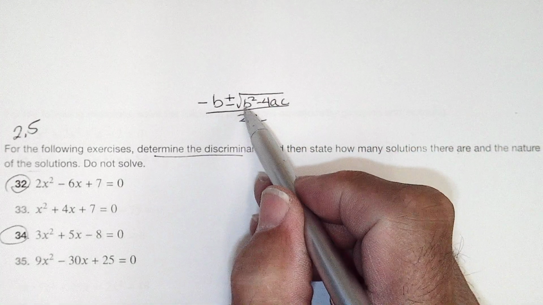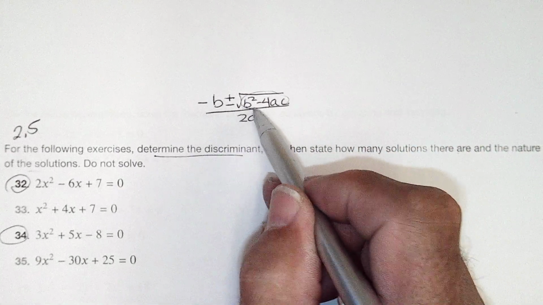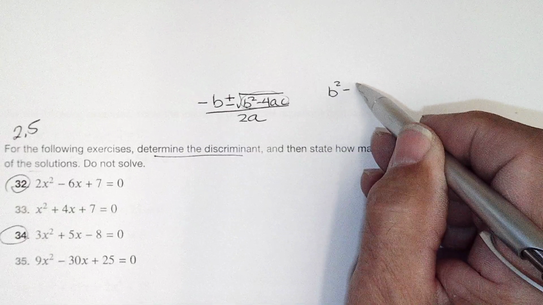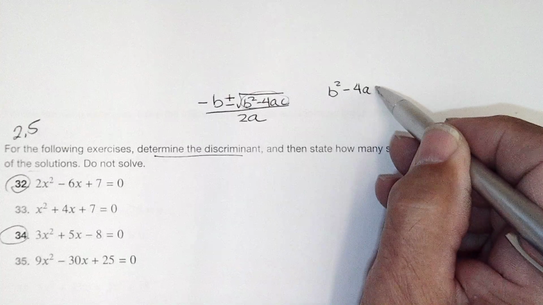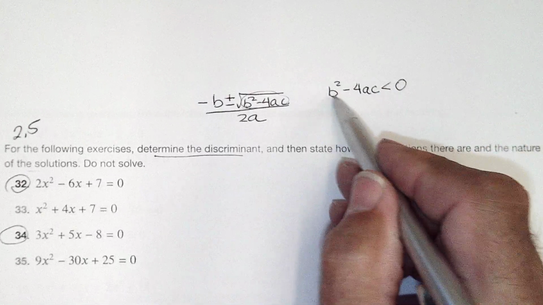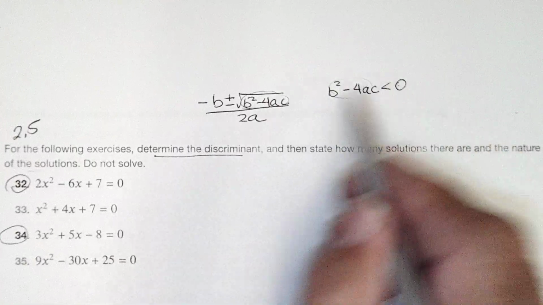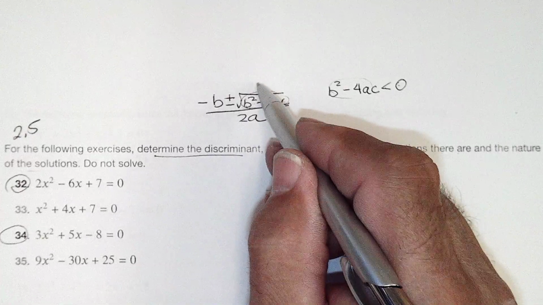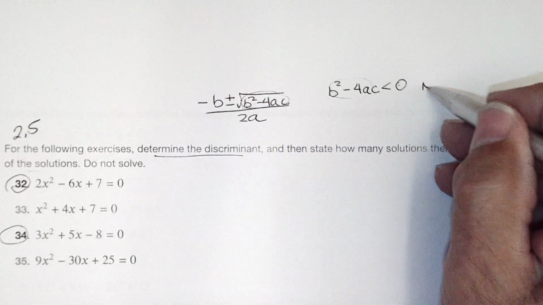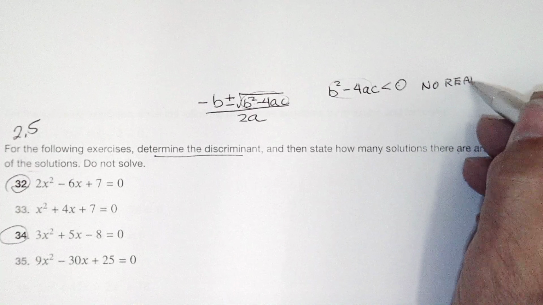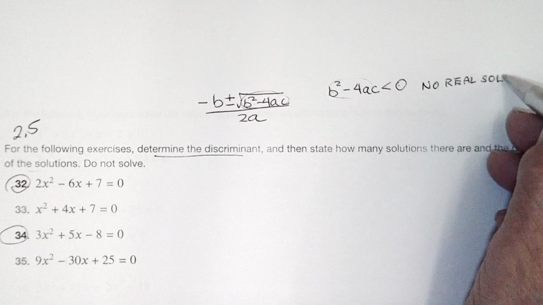Now, if the b squared minus 4ac, which is called the discriminant, is less than 0, if it's a negative number, you get the square root of a negative, which is imaginary. So there would be no real solutions.